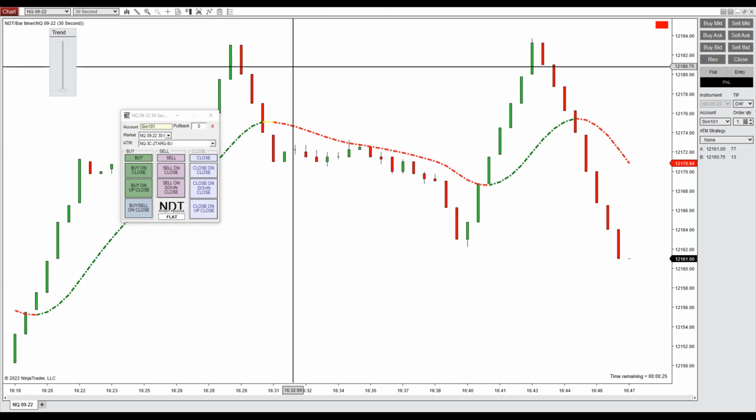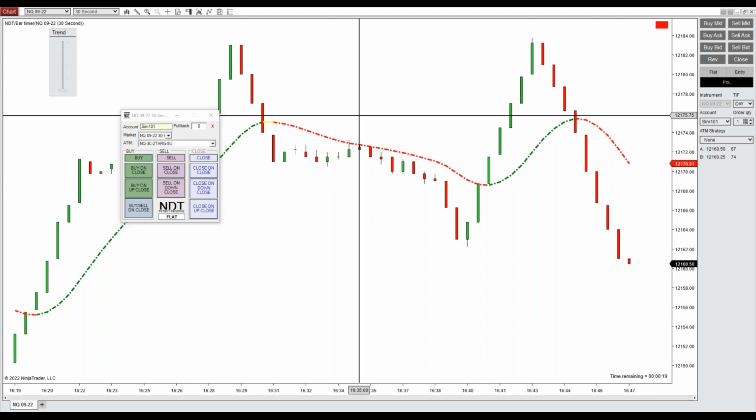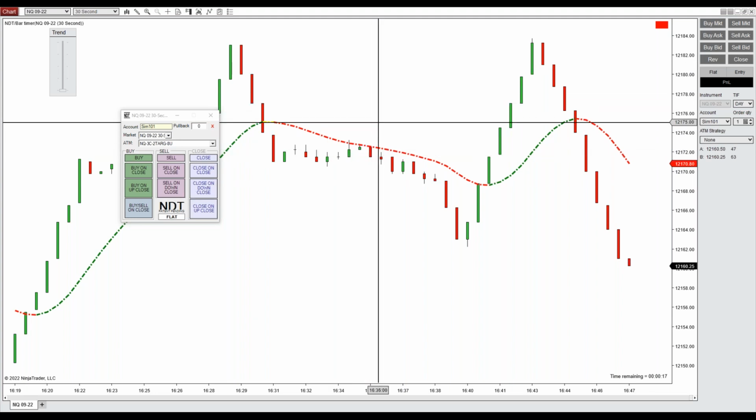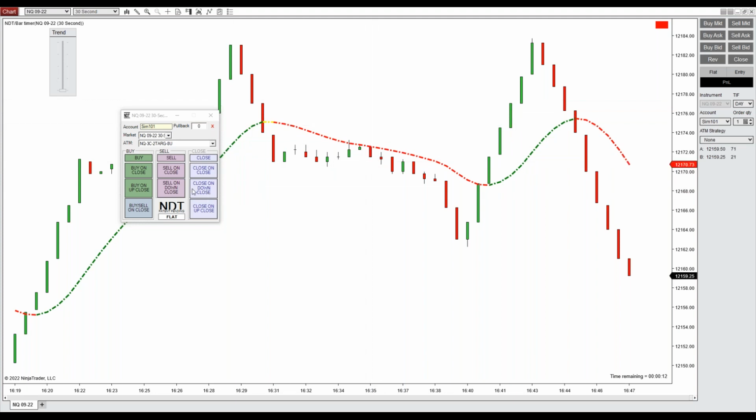Now, there are multiple other configurations. There are some Unorenco traders for whom it doesn't matter whether the candle closes to the upside or the downside, they just want to close the trade. So buy, sell on close. They just want to buy or sell on the close of the candle.